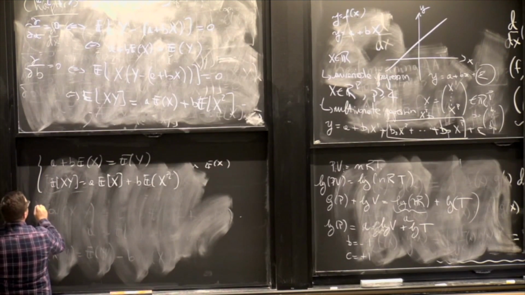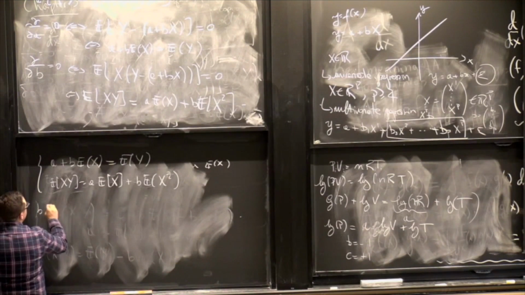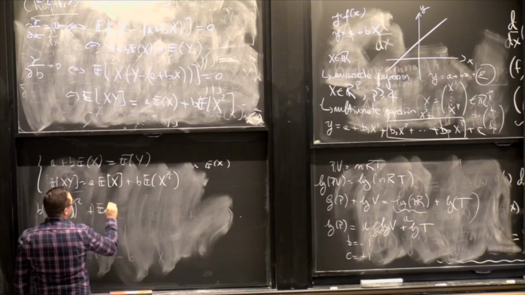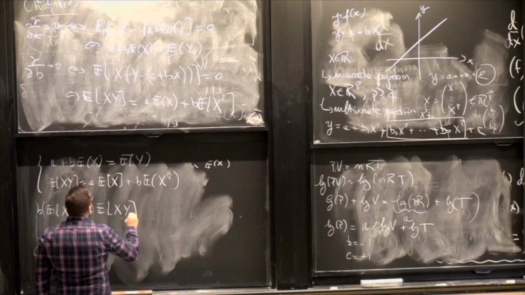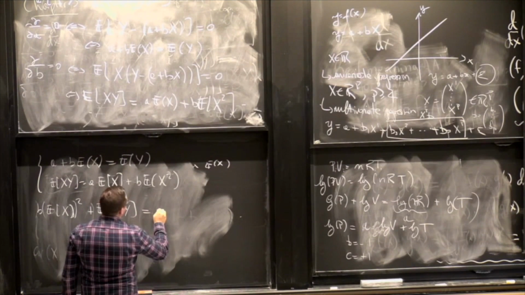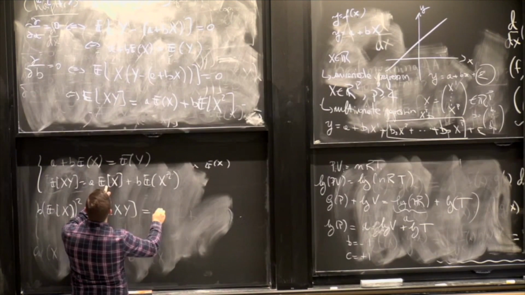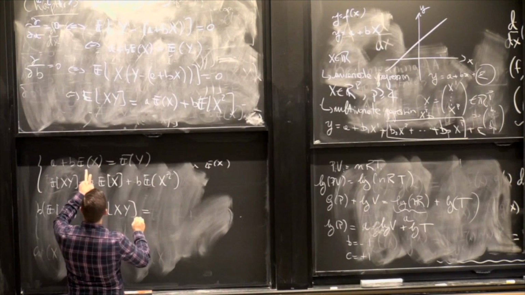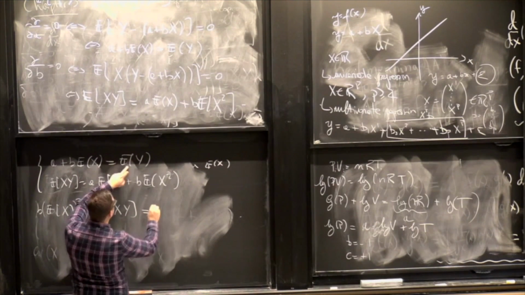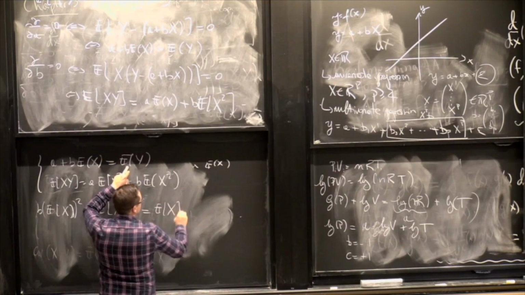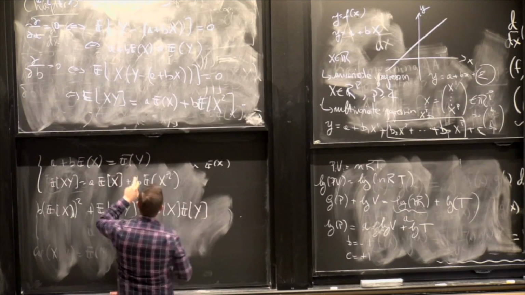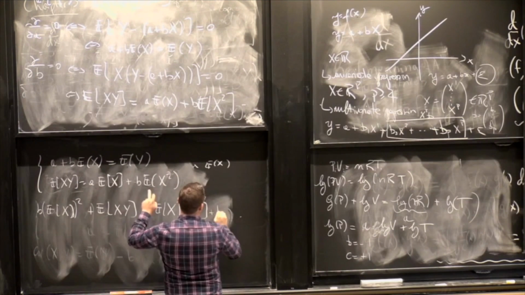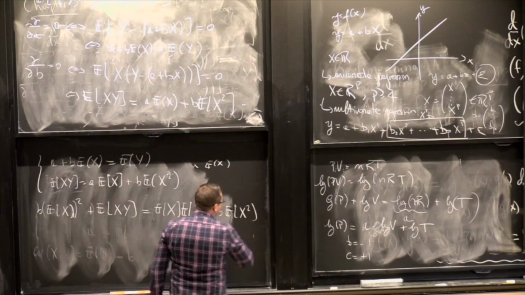So then that tells me that b times e of x squared plus the expectation of xy is equal to, so this guy is the one that canceled, then I get expectation of x times expectation of y, plus the guy that remains here, which is b times the expectation of x squared.